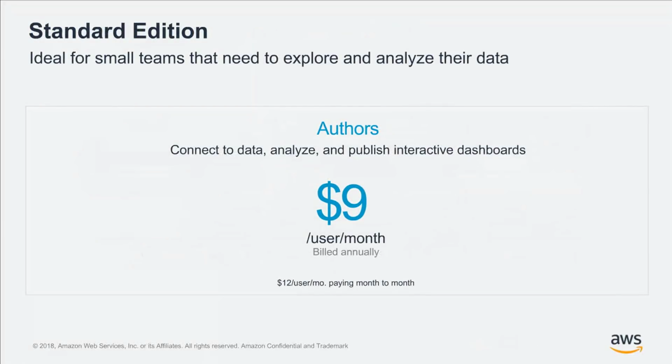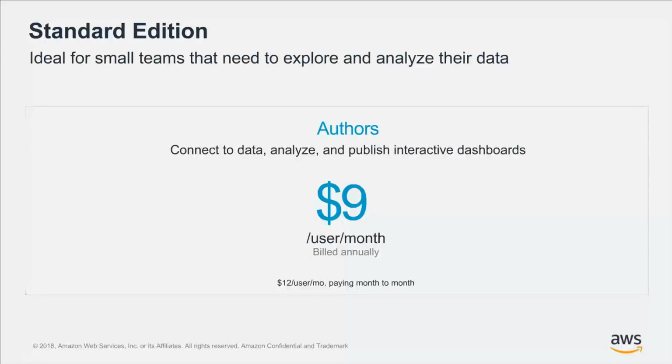In addition to the Enterprise Edition, we also have a standard edition of QuickSight, and this is really more oriented around small teams. There is no reader concept in the standard edition. It's really just a singular user to create their own content and do self-serve data discovery, and we charge $9 a user a month.